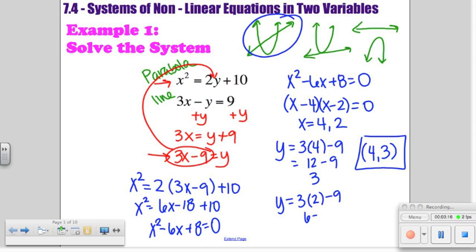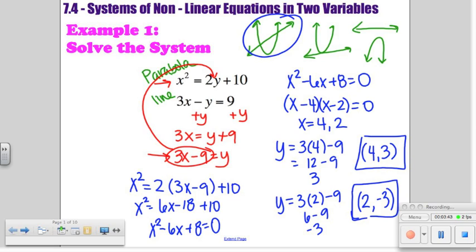So we get 6 minus 9, which is negative 3. And so you can see that at 4, 3, and at 2, negative 3, this parabola and line cross.